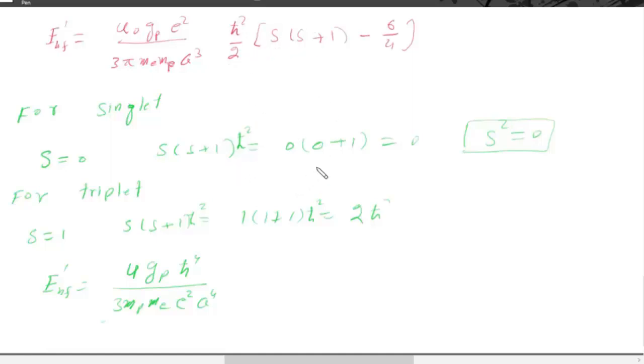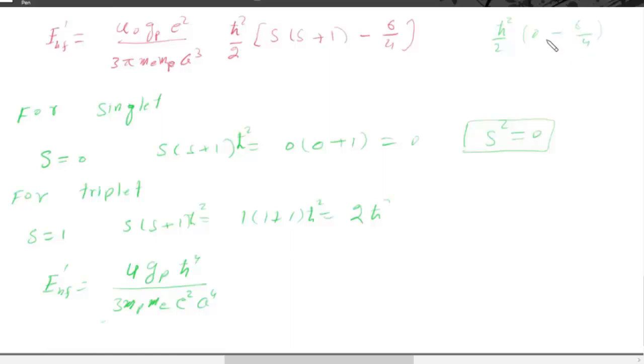The first, here we look at this side. Okay, to simplify this, this is equal to ħ² divided by 2, and put the value for the singlet state as 0. This is 0 minus 6 divided by 4.